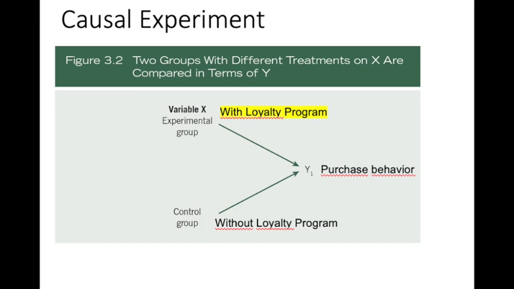The 2 groups have the variable X, which is the independent variable, that is the loyalty program, and how this impacts the dependent variable, Y, purchase behavior. And then the purchase behavior is compared. And then you can see if the experimental group with a loyalty program has higher, more intensive purchase behavior than the control group without a loyalty program.